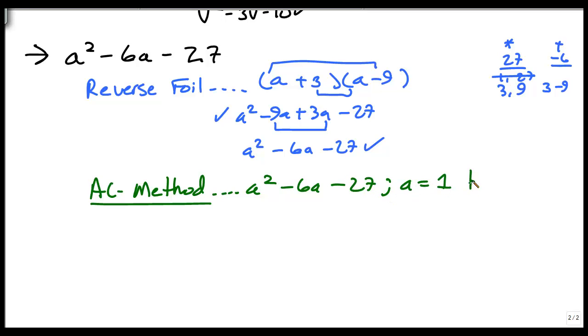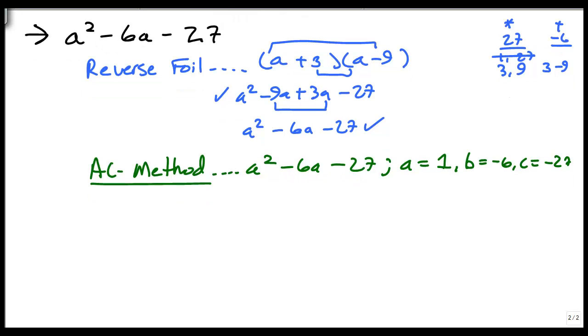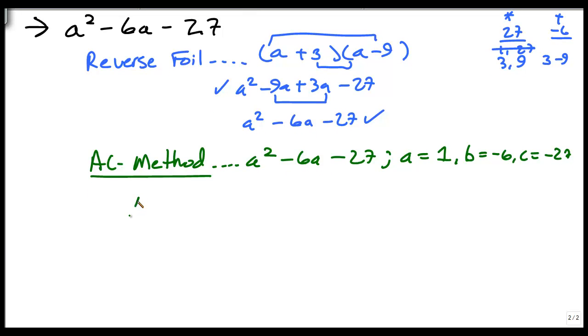So in this case, A is 1, B is -6, C is -27. Again, the coefficient in front of the a squared is 1, in front of the a is -6, and the constant is -27.